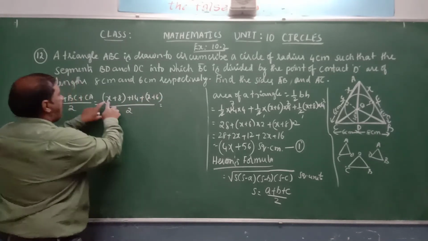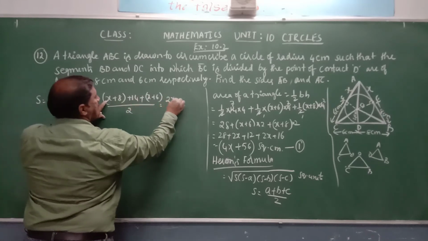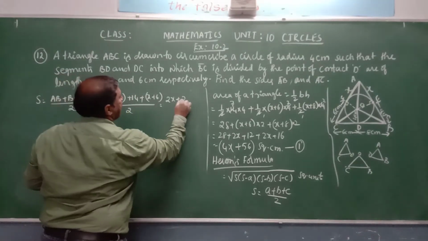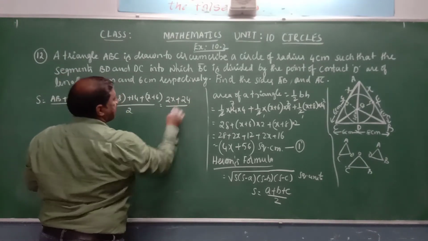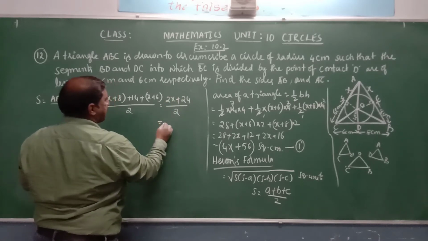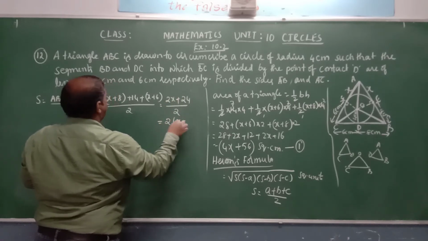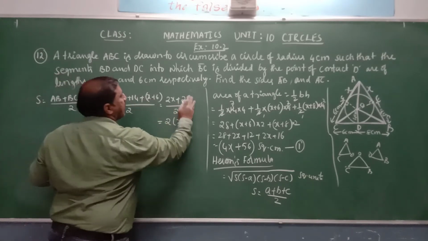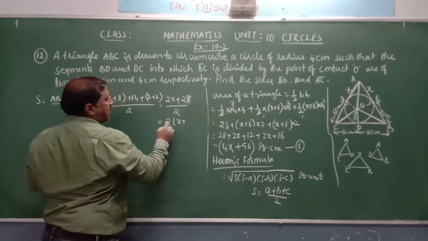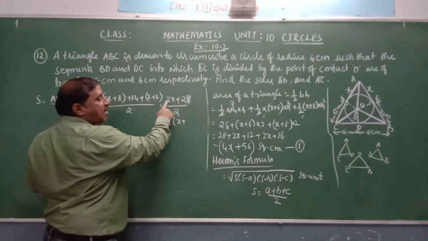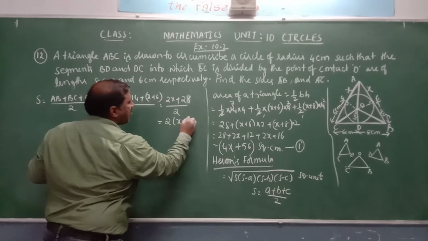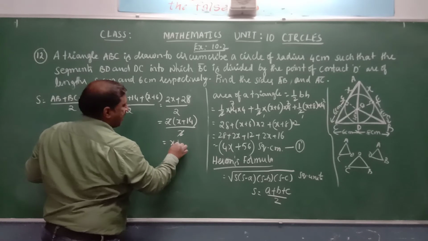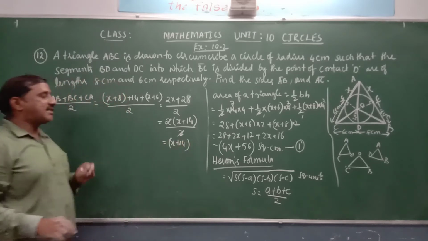That is x plus x, 2x, plus add the constants: 8 plus 6 is 14, 14 plus 14 is 28, by 2. Take 2 common: 2 into x plus 14, divided by 2. Now we got x plus 14 as the s value.